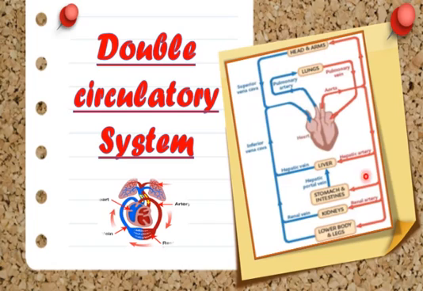At the same time, the deoxygenated blood is moving towards the heart, and from the left side it is leaving the oxygenated blood after oxygenation in the lungs, going back into all organs. So this type of system is called a double circulatory system.